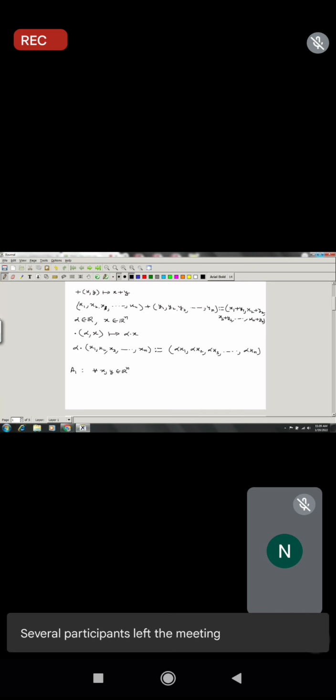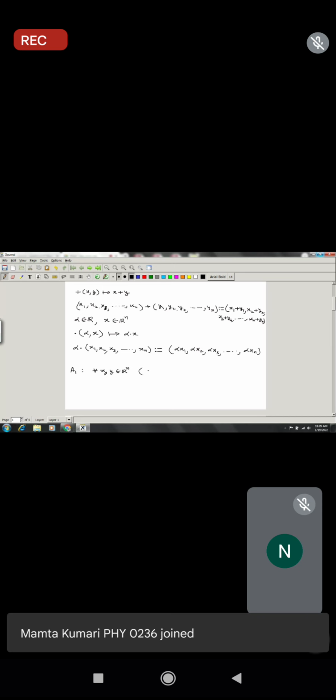So A1: for every x, y belonging to Rn, what do we have to show? We have to show that x plus y is equal to y plus x. Our goal is to prove that x plus y is equal to y plus x.